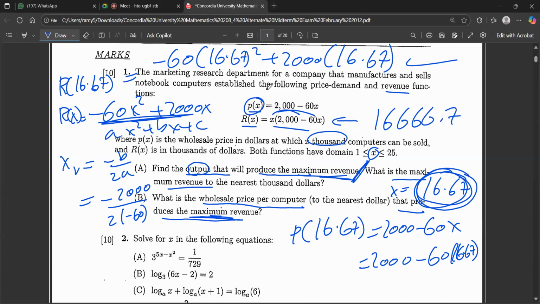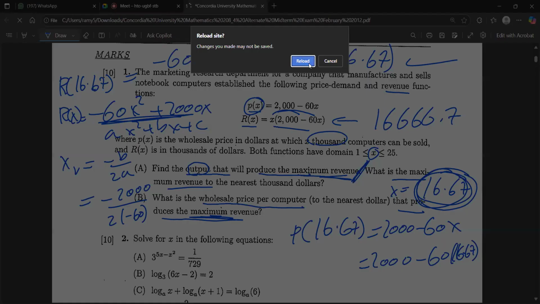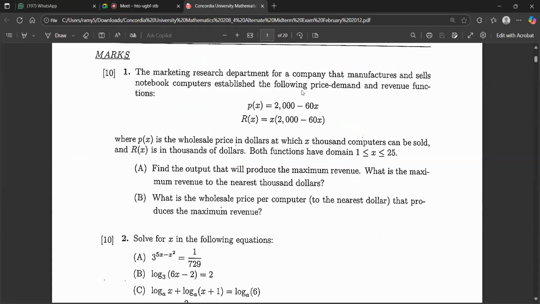There is another thing you have to take note of. The price was 2,000 minus 60x, and the revenue was x times 2,000 minus 60x. So there is a relation here, right? The revenue is not just equal to the profit plus the cost.